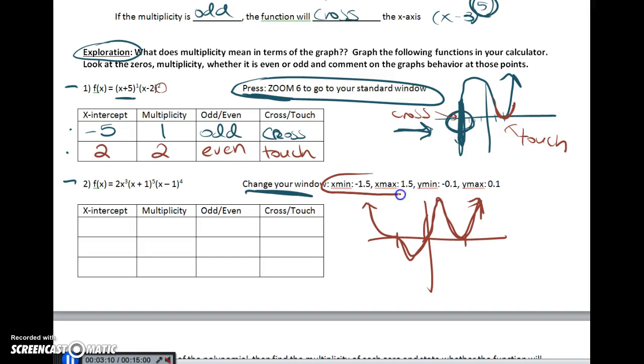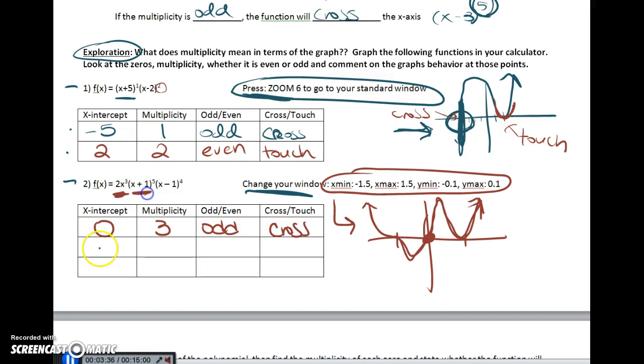So here, once again, make sure that you change your window to the one that I gave you, and you should get a crazy looking graph like we have right here. Your first x-intercept is going to be 0. That comes from setting 2x cubed equal to 0. That would correspond with the intersection of the x and y axis. Its multiplicity is 3 because that's the exponent attached to x. That's odd, and that one is crossing.